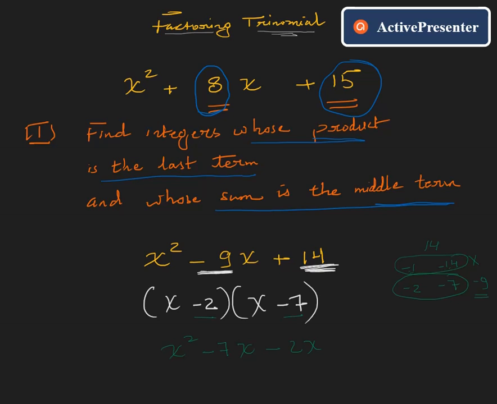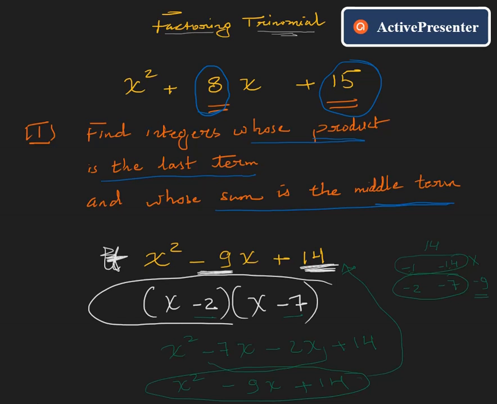Minus 2 multiplied by minus 7 is plus 14. Now we have like terms: x squared, and here we have minus 9x and plus 14. So our answer is correct, because this is exactly the same one we factored before. So when factoring x squared minus 9x plus 14, our answer is this one. This is the factoring.